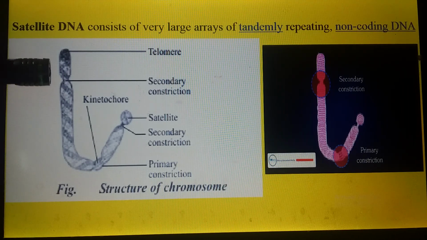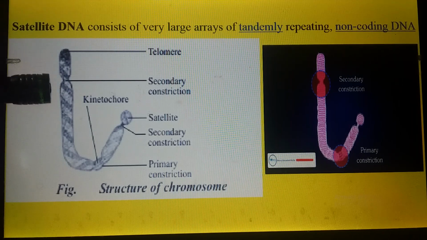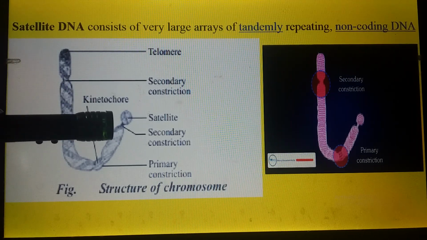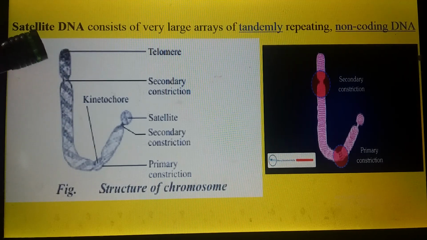You can see here, this is the secondary constriction. This secondary constriction has many functions. You can see this is the secondary constriction, this is the secondary constriction, and most of the students are confused about this and ask the question, what is the function of that? Now I will tell you what is the function of the secondary constriction. You can see here the satellite DNA, satellite chromosome.